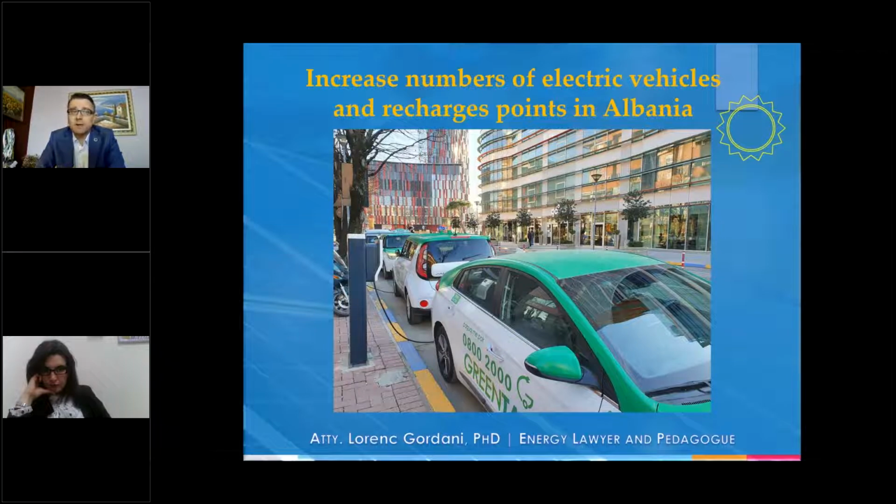Regarding road transport, there are some ongoing projects that envisage rehabilitation, including electrification and connection to the neighboring countries, and the introduction of electrical vehicles and their charging stations in the Tirana market.